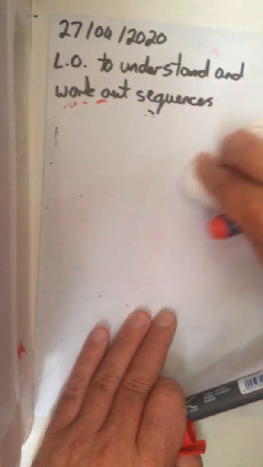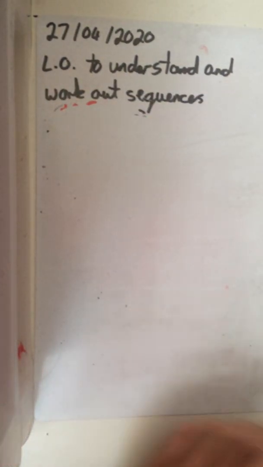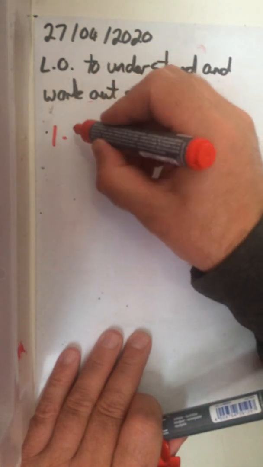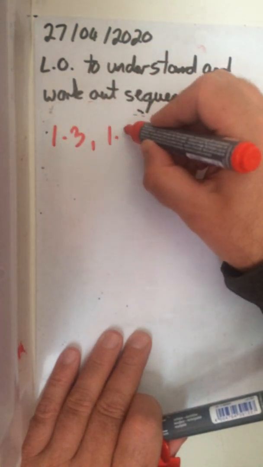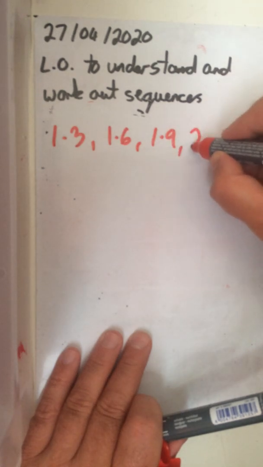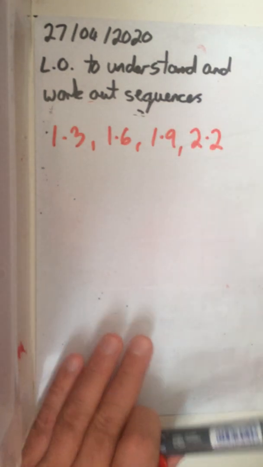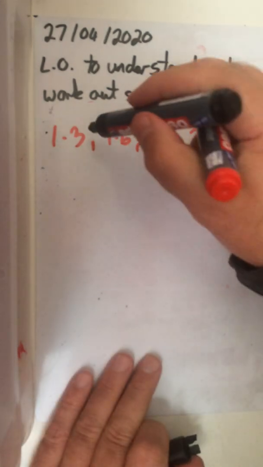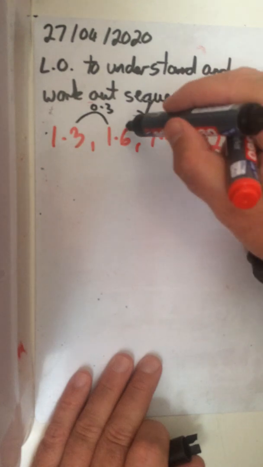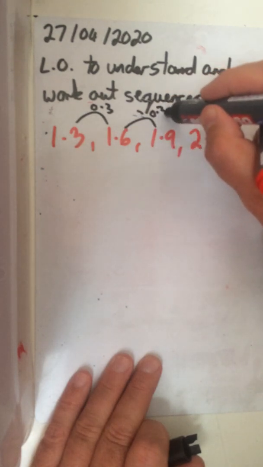So a trickier decimal one now. We've got 1.3, 1.6, 1.9, 2.2. Again we're going up this time by 0.3.